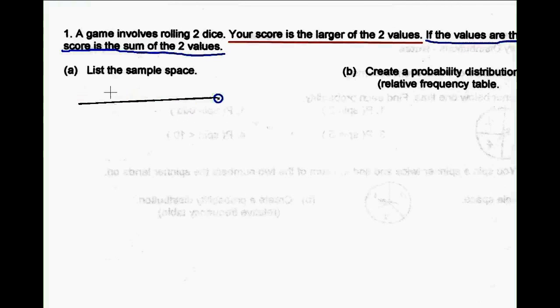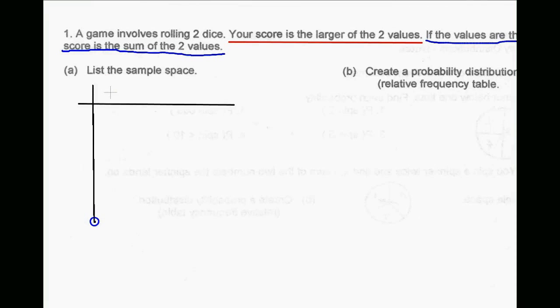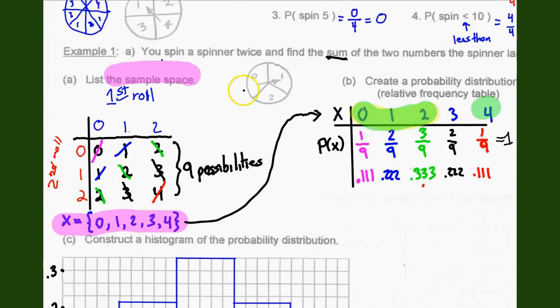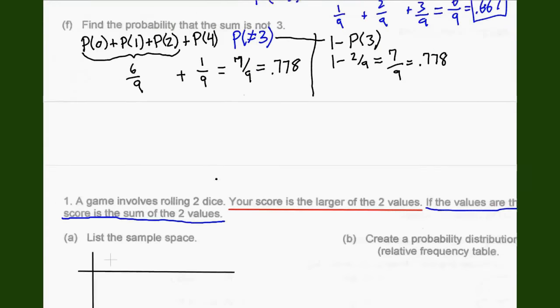How many possibilities are we about to have right now, by the way, if we're rolling a 6-sided dice twice? Yeah, the last time we had 3 choices, we spun twice, we end up with 9. So yeah, we'll have 36 possibilities here.